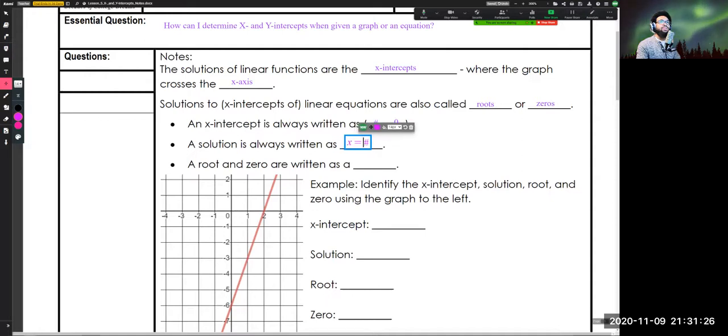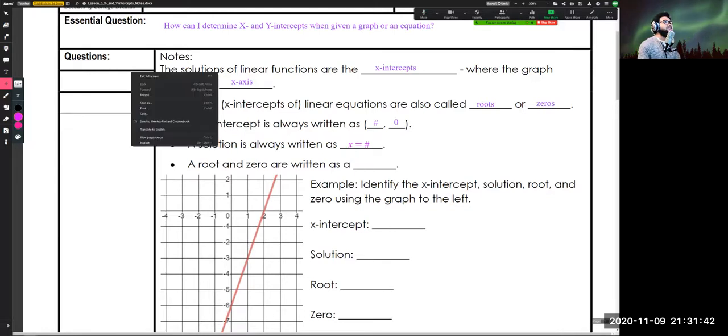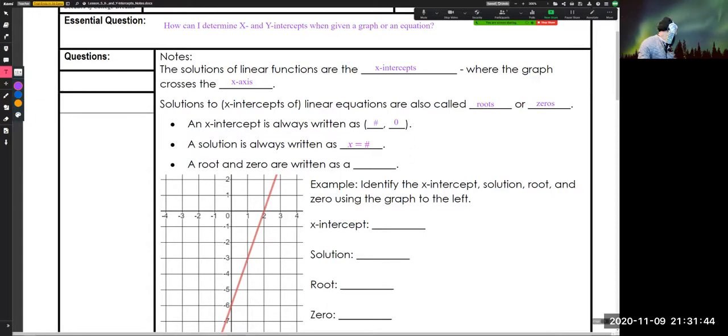Our intercept is always written as a number and 0 in an ordered pair, with the y being 0. And then roots and zeros are written as a list, kind of like how we wrote the domain and range.